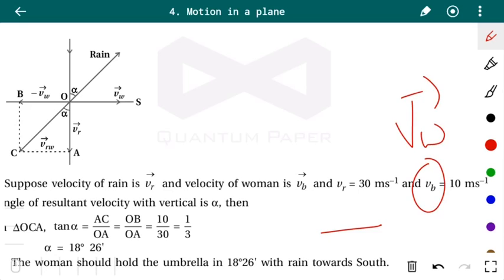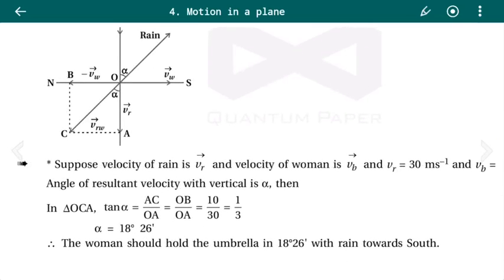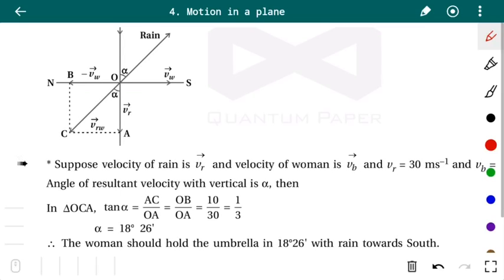Angle of the resultant velocity with vertical is alpha. Then in triangle OCA, taking the projection of this resultant vector, that is velocity of the rain with respect to the woman, that makes vertical projection on the vertical axis.